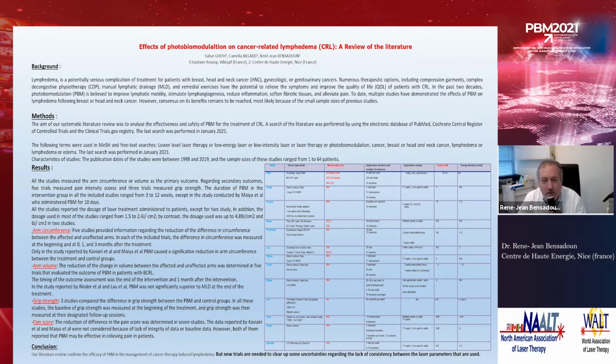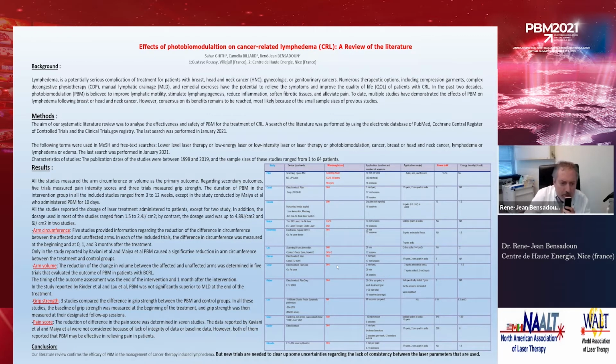So for this literature review, we had several important studies, shown here with different wavelengths, different power, and different protocols. And for all of them, we examined arm circumference, arm volume, grip strength, and pain score after PBM, with or without PBM, with the different doses and different parameters we have for these studies.